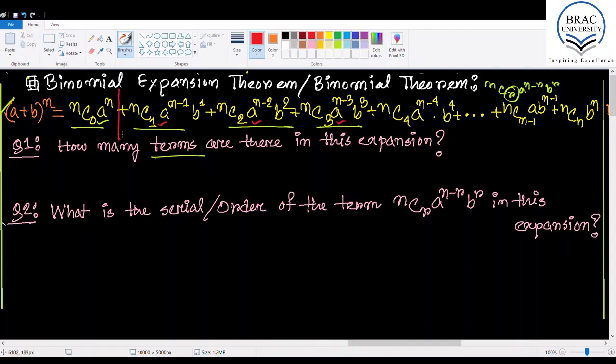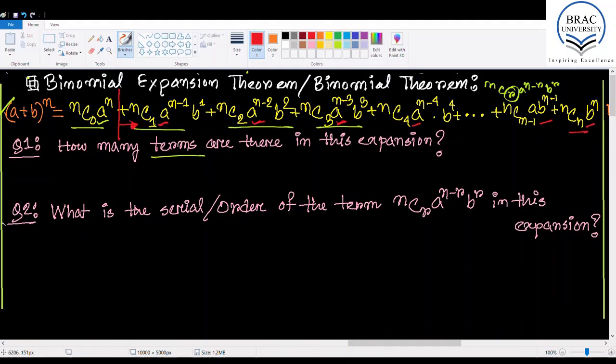If I put a partition here and look to the right side of the partition, this is 1, this is 2, this is 3, this is 4, and it will end at n. So how many terms will be there?